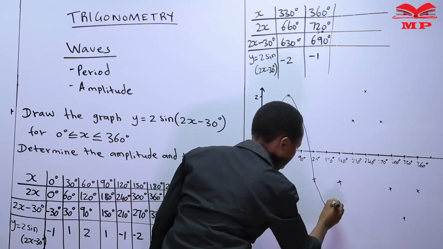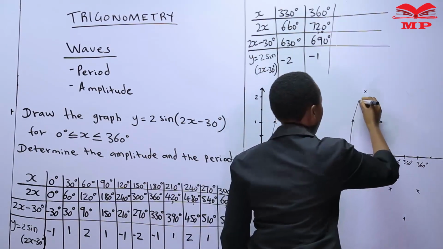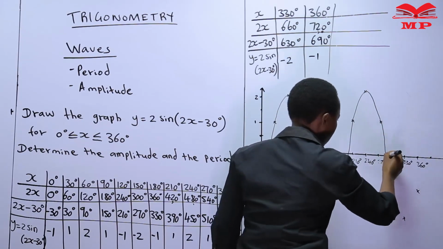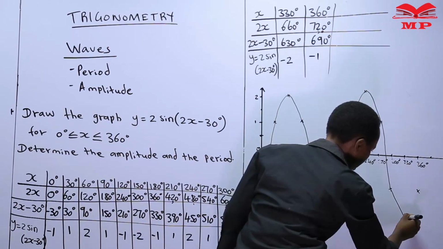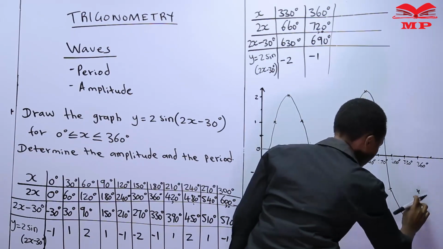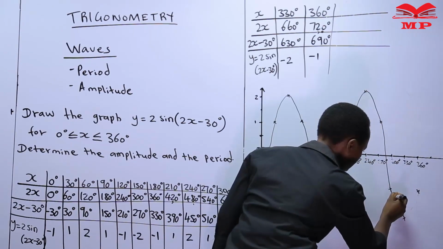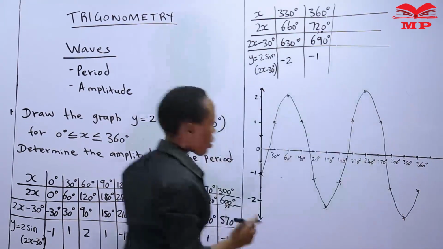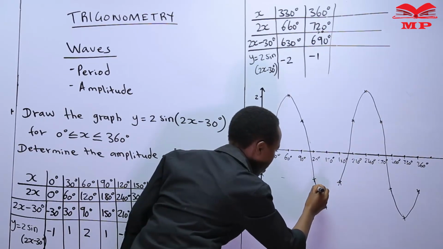Move on all the way to 180, to 210, 240, we have 270, to 300, to 330, and finally to 360. To 360, so we have it this way. It curves at that point up to that point. So that's how our curve will look like. That is our wave.